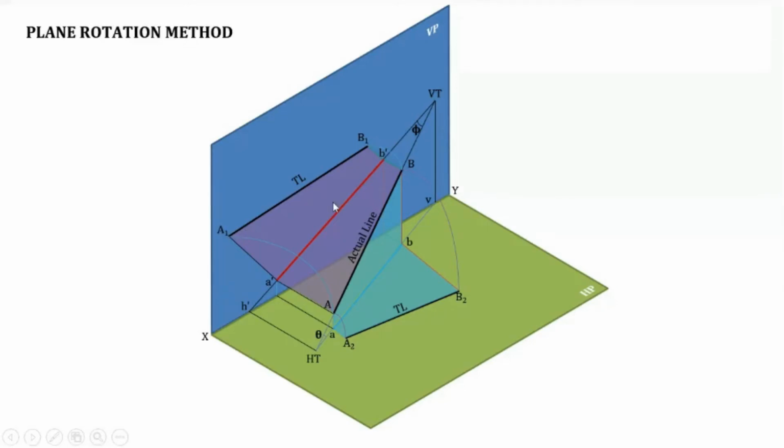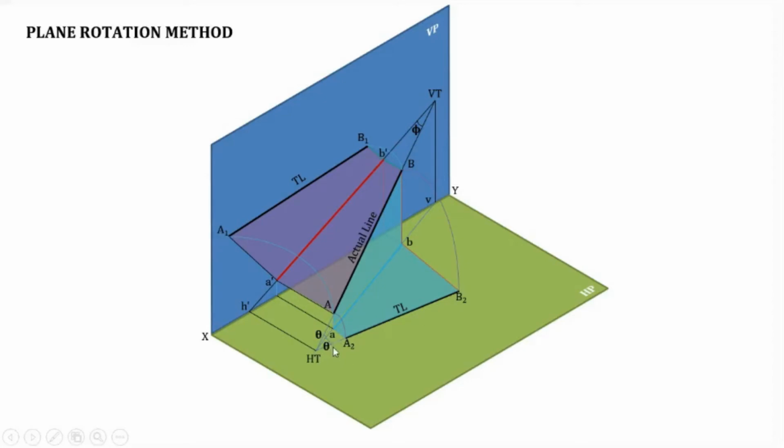Now, if we extend this line A2, B2 towards the HT side, it should also pass through HT. And the angle AB makes with A2, B2 at the HT should be theta.